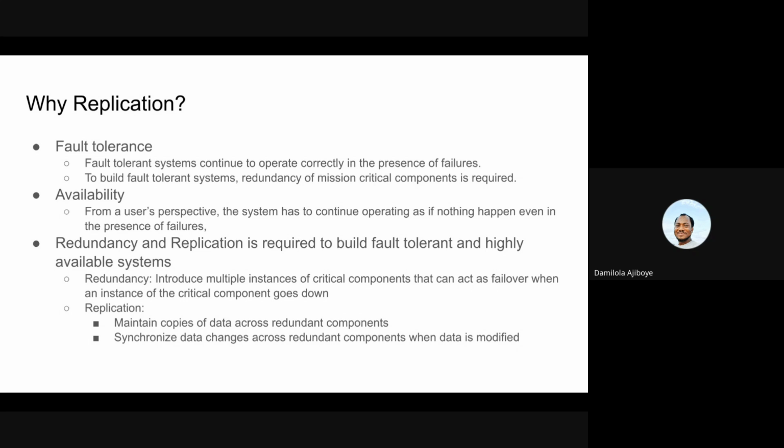Like I said, in an aircraft, for example, you don't want any downtime because you don't want the plane to crash. Or in a RAID setup of disks, you want to make sure that even if one disk crashes, the system keeps working fine.